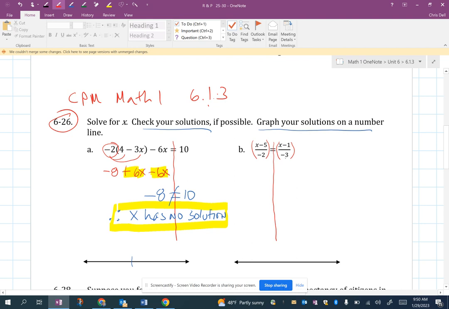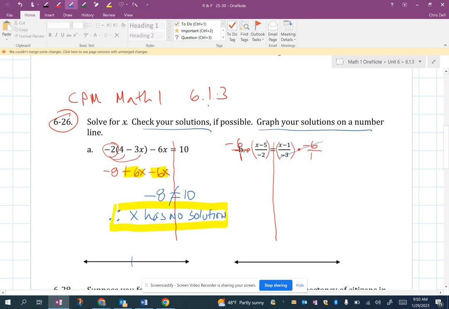We notice that 2 and 3 both go into 6. So I'm going to multiply both sides by -6/1 because the numbers in the bottom are negative. What that does is give me an opportunity to do this cross canceling here.